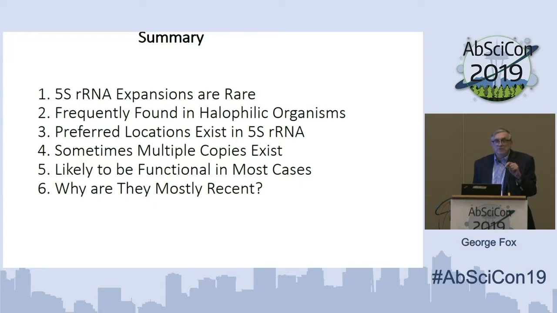They keep the structure valid. And so the question we have is, some of them are old in the sense of 100,000 years, but none of them are old in the sense of the 4 million years that we would like, in some of the earlier talks. I don't know why you don't have any old 5S RNA expansions, but we don't.